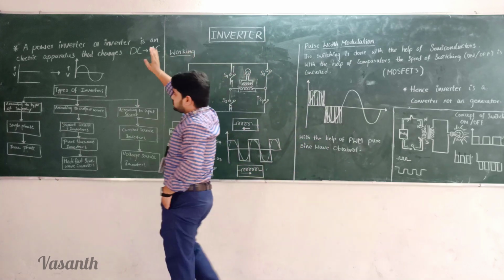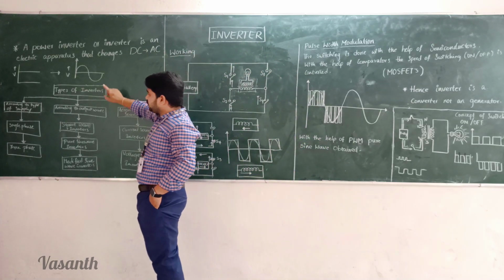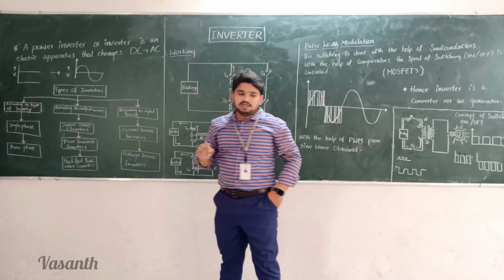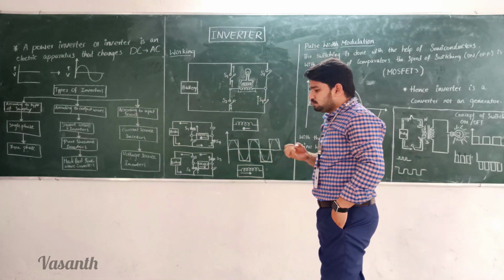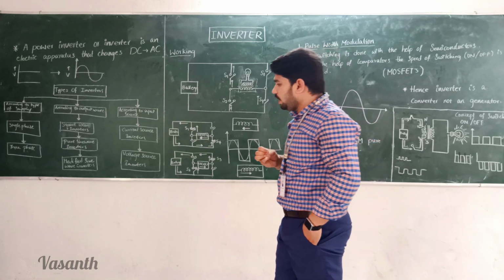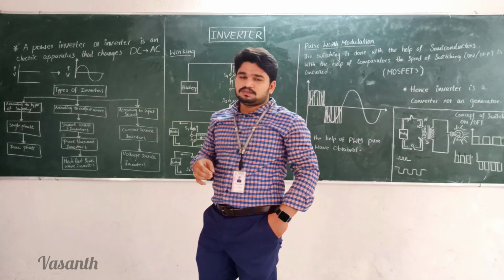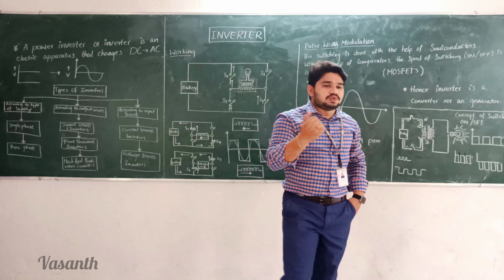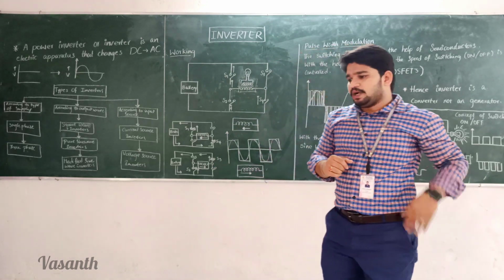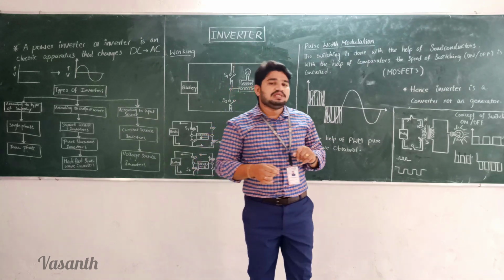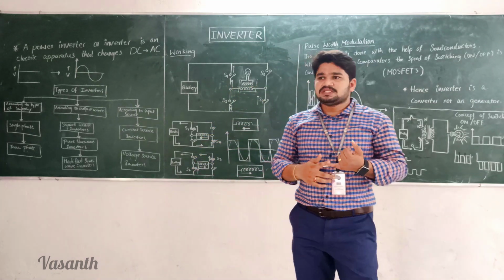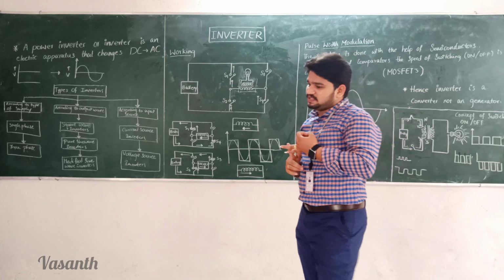So let us discuss the types of inverters. Here we have three classifications of inverters depending on supply, output waveform and input source. According to the supply, we have two types of inverters: single phase inverters and three phase inverters.